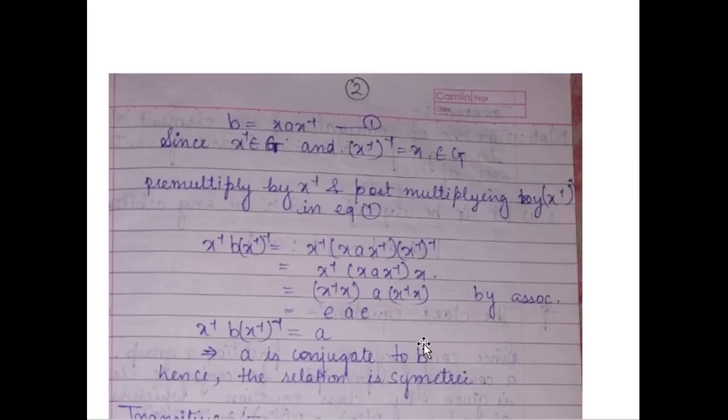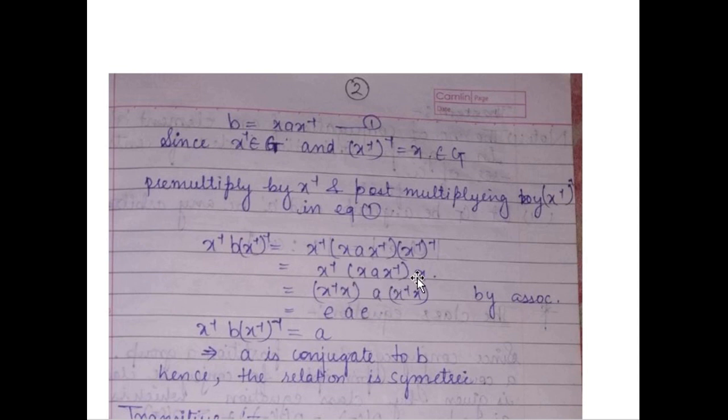Now pre-multiplying by x inverse and post-multiplying by (x inverse) whole inverse in equation 1. That means we pre-multiply B with x inverse and post-multiply with (x inverse) whole inverse. So now we get x inverse B (x inverse) whole inverse on the left, and on the right hand side we get x inverse (x A x inverse) (x inverse) whole inverse, and (x inverse) whole inverse is equal to x.